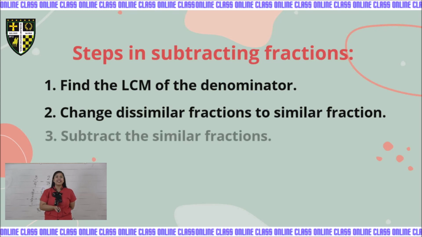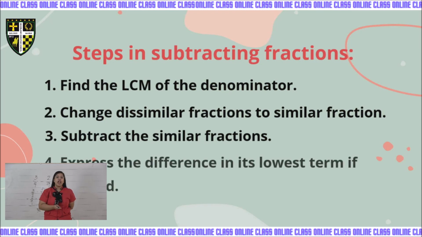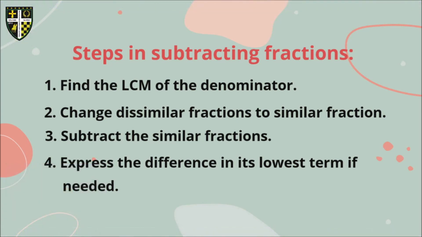Always remember that, kids. And lastly, you should subtract the similar fractions. And this is the most important: express the difference in its lowest term if needed. If needed only, kids. Okay?